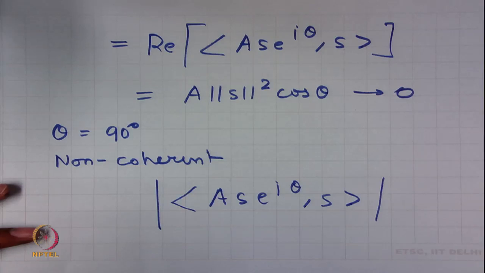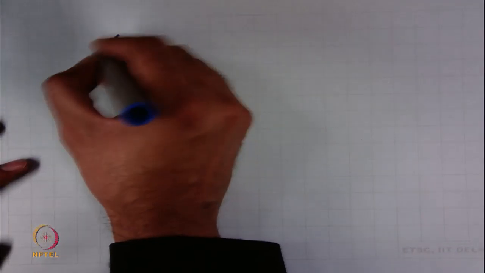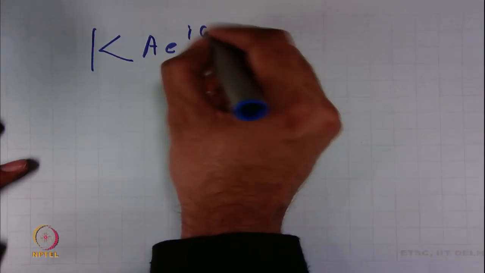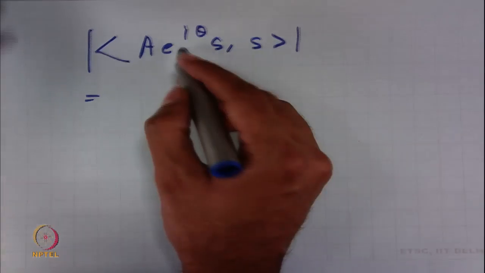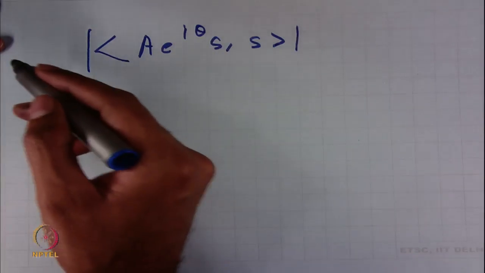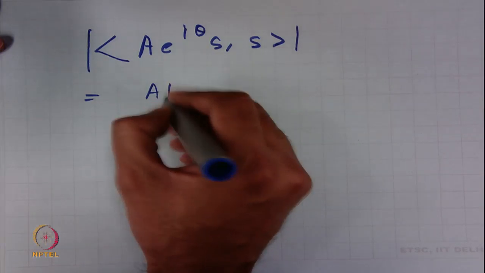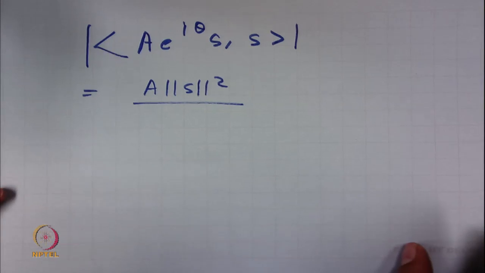Once you do this, it is easy. If you take the magnitude of A e to the power j theta s with s, the constant can be pulled out, and the magnitude of e to the power j theta would be 1. So, we end up with A norm s squared, same as what we got in the case of the coherent receivers.